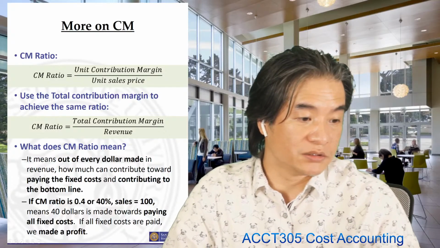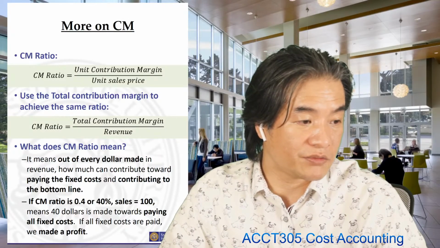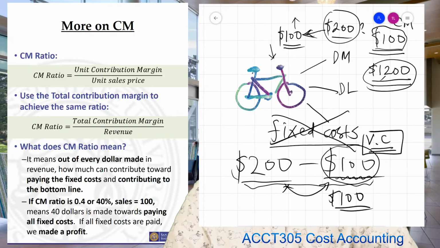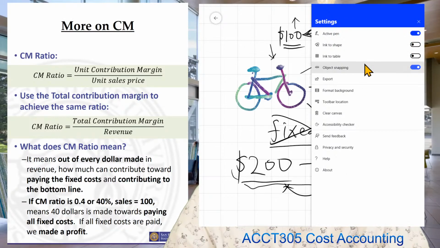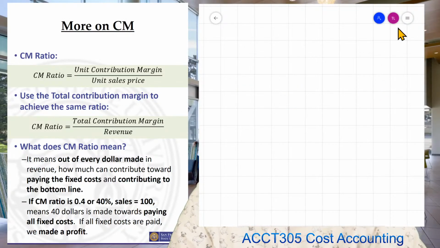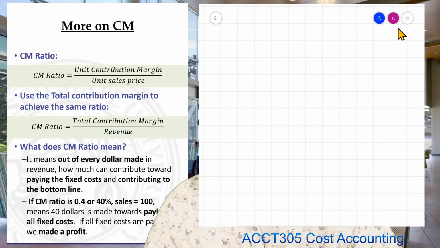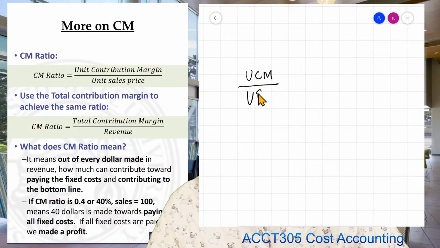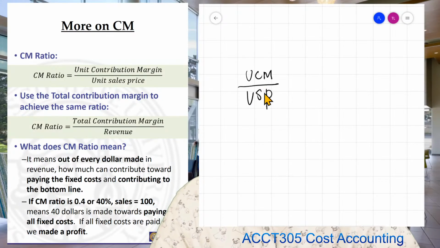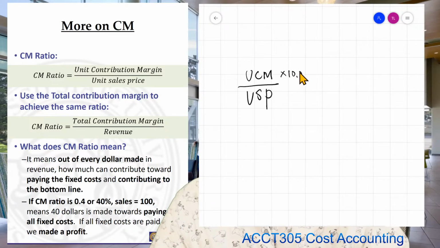Why is that? Let's take a look over here. Mathematically speaking, you have UCM over USP, unit selling price. So say the volume is 10,000.